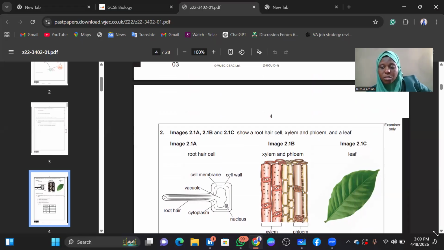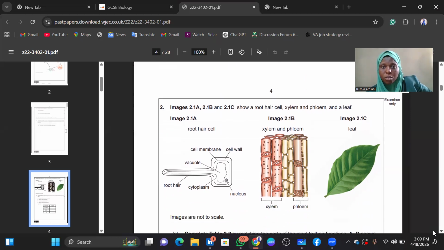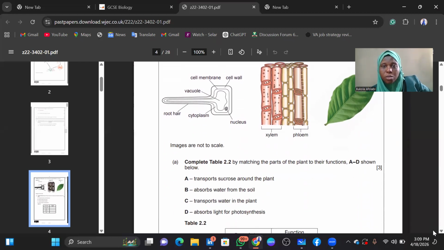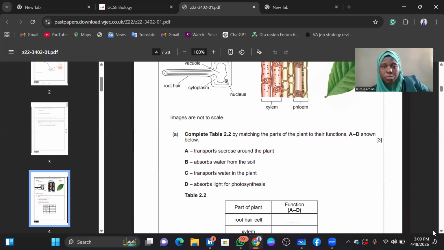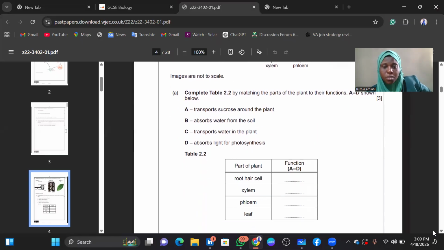So with this, we can say that we've treated the functions of the root hair, the xylem, the phloem, and the leaf. So well done.